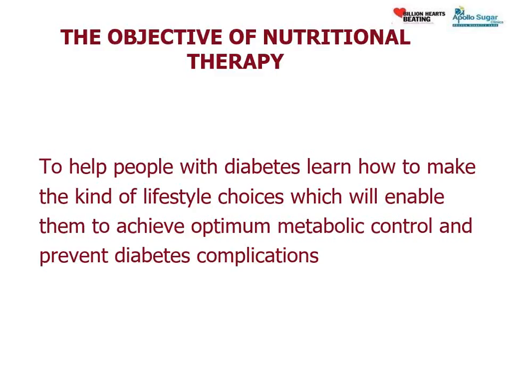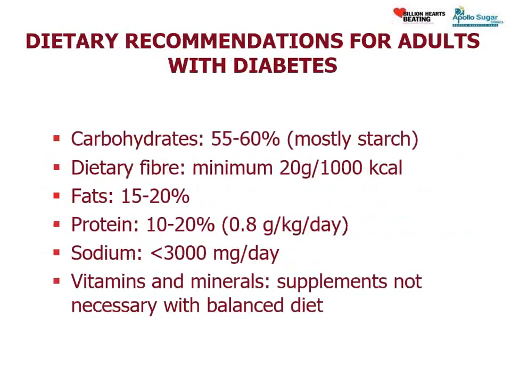It is important to know things such as food choices, methods of preparation, portion sizes, meal timing, physical activity, intercurrent illness, the diabetes treatment plan, and how they can play a role in achieving optimal diabetes control.